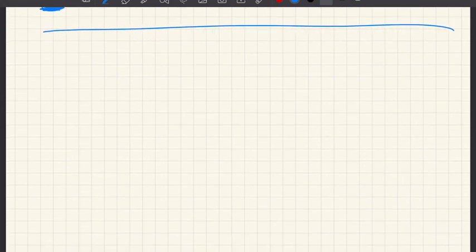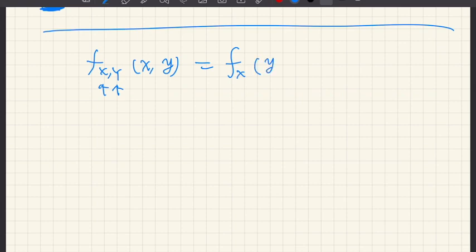Now, recall, consider the joint distribution of some continuous random variables. If this X and this Y are independent, then we can split this joint distribution into the product of two density functions.